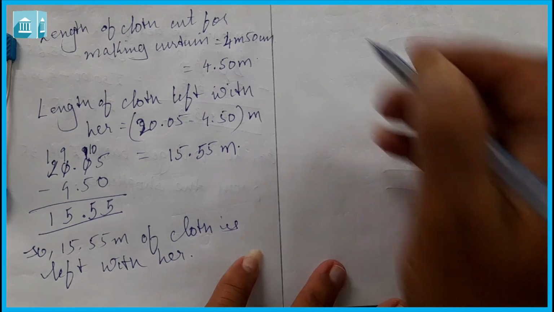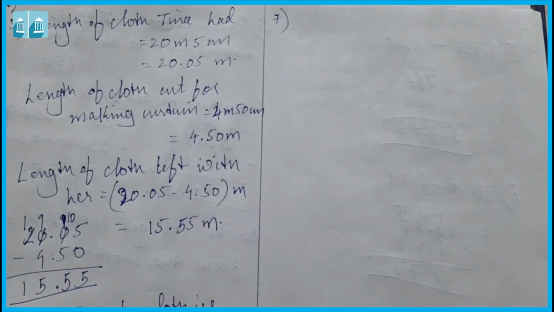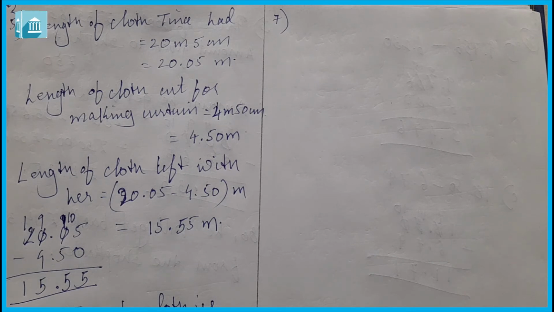Now let us see question number 7. Question number 7 says that Akash brought vegetables weighing 10 kg. Out of this, 3 kg 500 gram is onion, 2 kg and 75 gram is tomato, and the rest is potato. What is the weight of potato?